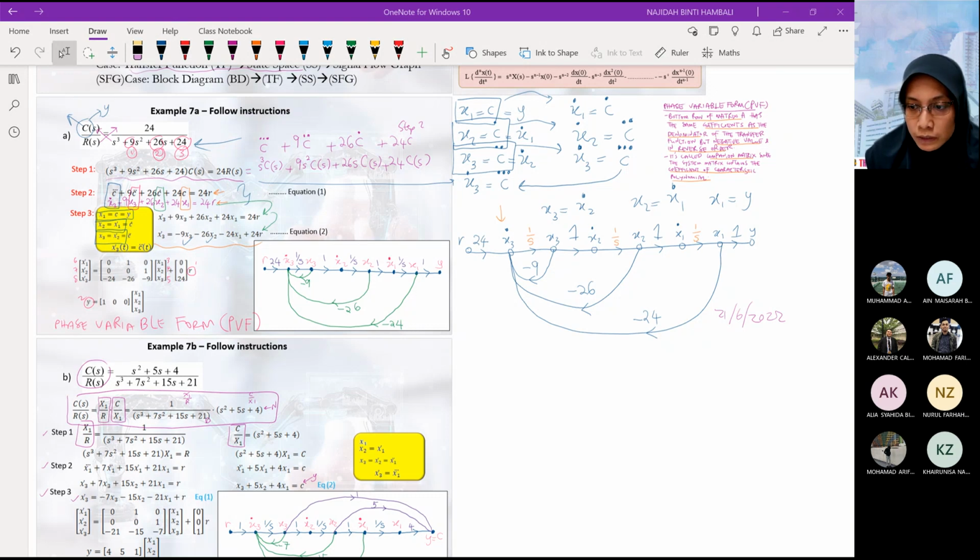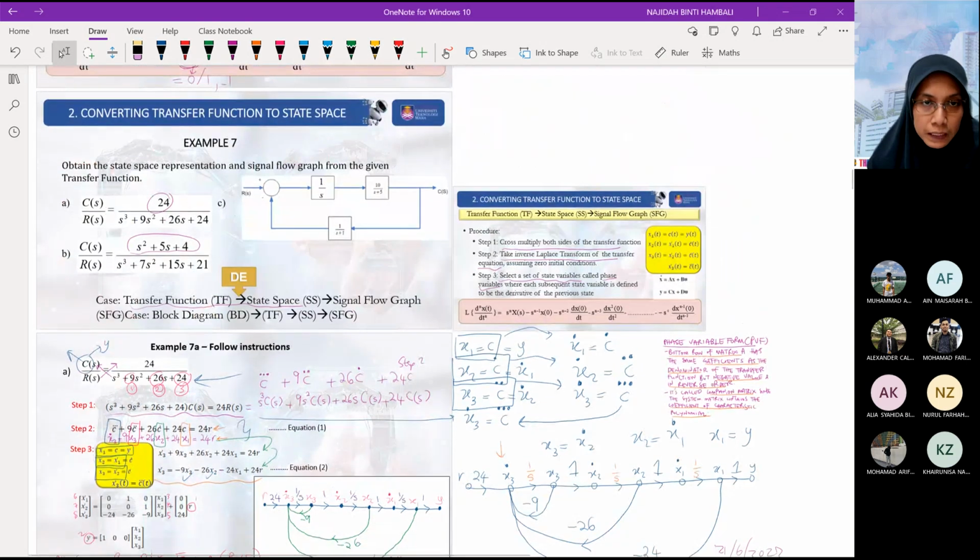Okay, so let's continue on our lecture. Last Tuesday, we covered converting transfer function in S domain to state space equation. And after that, we already sketched the signal flow graph to represent the state space equation.